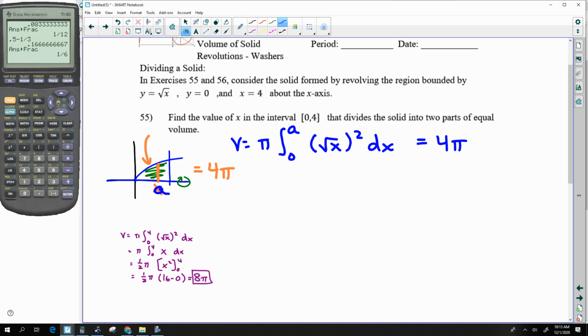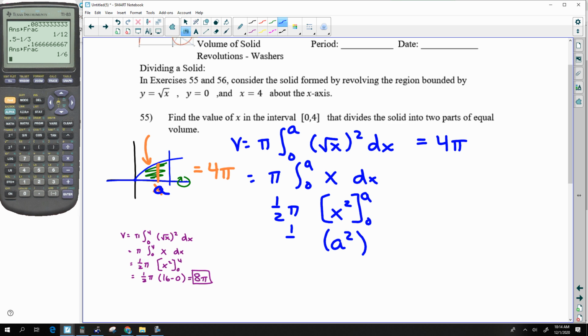That will tell us what A is. So again, this is going to be x, 0 to A. So this is 1/2 x squared, which is A squared minus 0. And this is all equal to 4 pi.